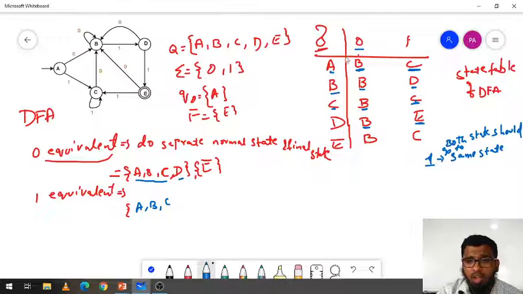Yes, A on 0 is going to B, D on 0 is going to B. So here it is going to the same state. Okay, what is the second point?